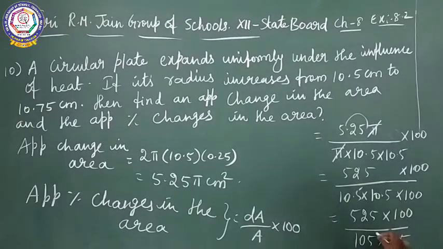You cancel 21 times, 20 times. 5 2s are 10, 5 4s are 20. Here also 21 times, you cancel here, it gives 4 times.